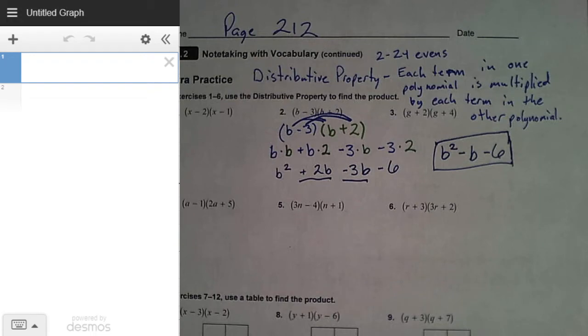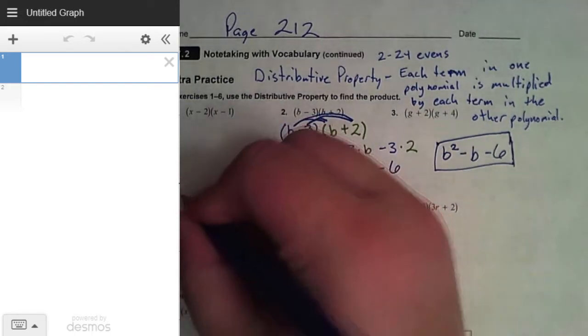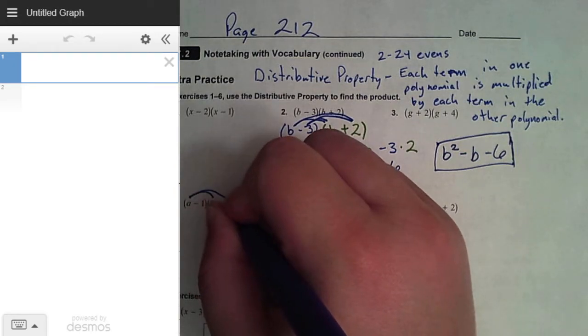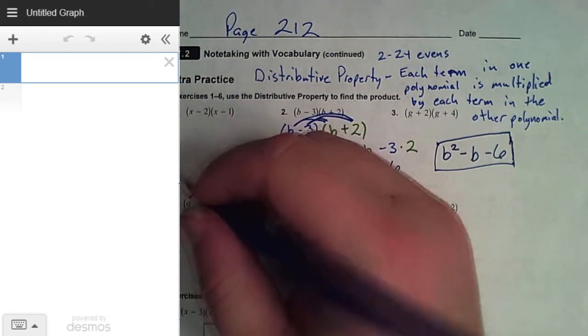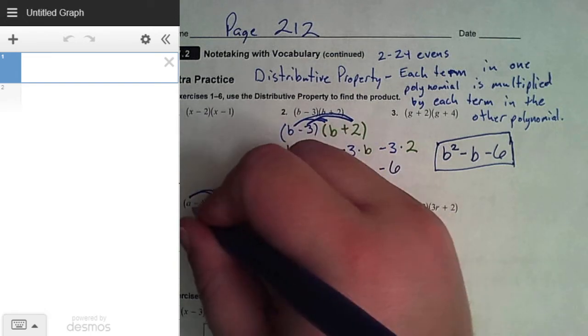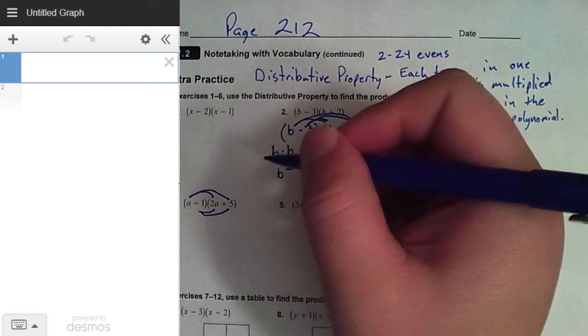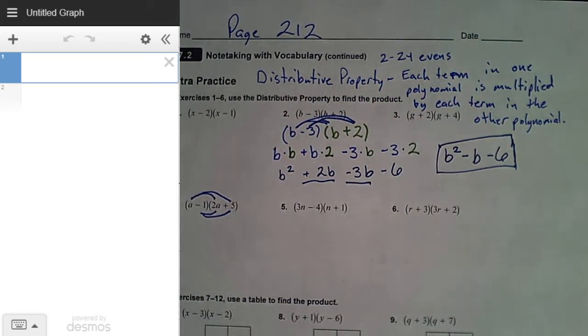As you go through this, it starts to get a little bit quicker. So we're going to go ahead and get started with number 4. Sometimes we decide we want to do our rainbow method up above, so we can visualize this a little better, showing that we're distributing that -1, multiplying it by each term in the second term just below it.